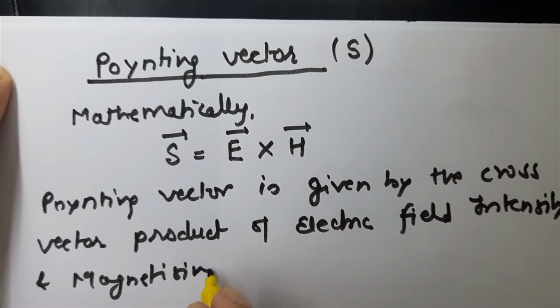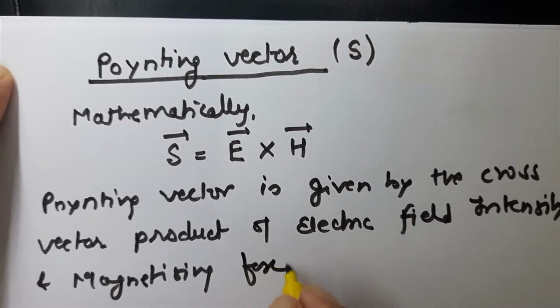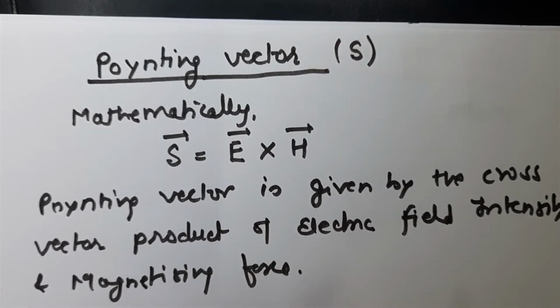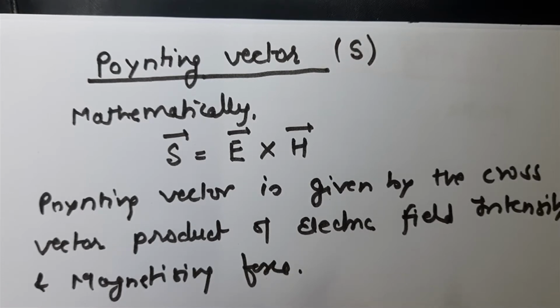So I will write it down as the cross product of electric field intensity and magnetizing force.